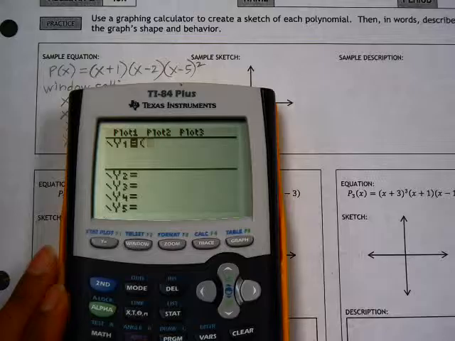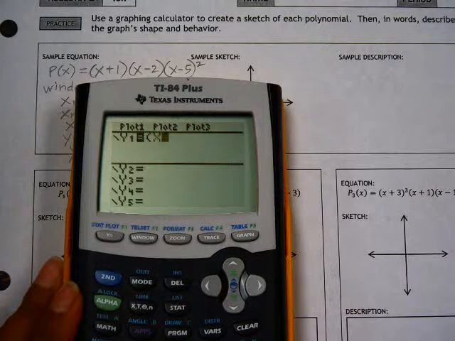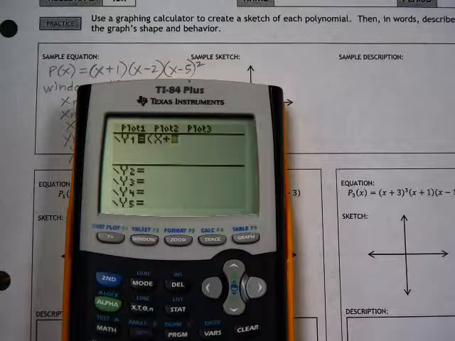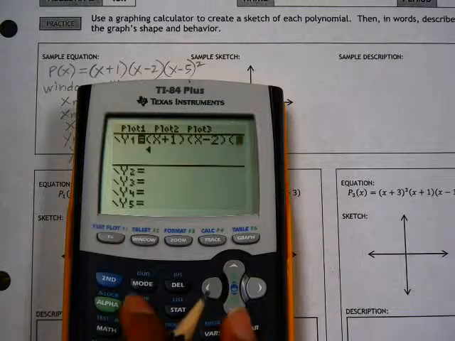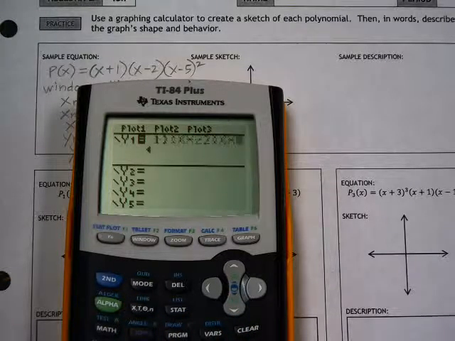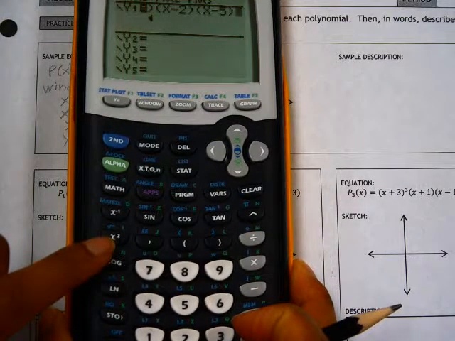So parentheses x, which is here, plus 1, close parentheses, parentheses x minus 2, close parentheses, parentheses x minus 5, close parentheses, squared is this button right here.